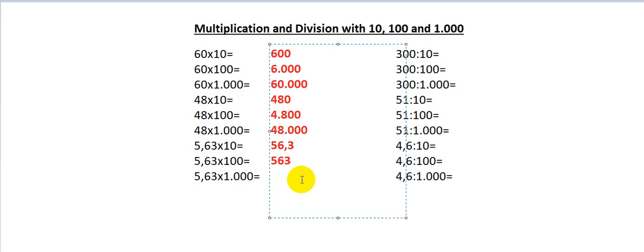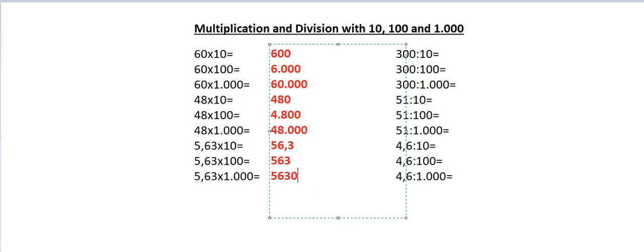Next, we have 5.63 times 1,000. Now, what happens here is we need to take the decimal point 3 places to the right. One place skips the 6, one place skips the 3, and the other I turn into a 0. And I need to put the decimal point after the 0.